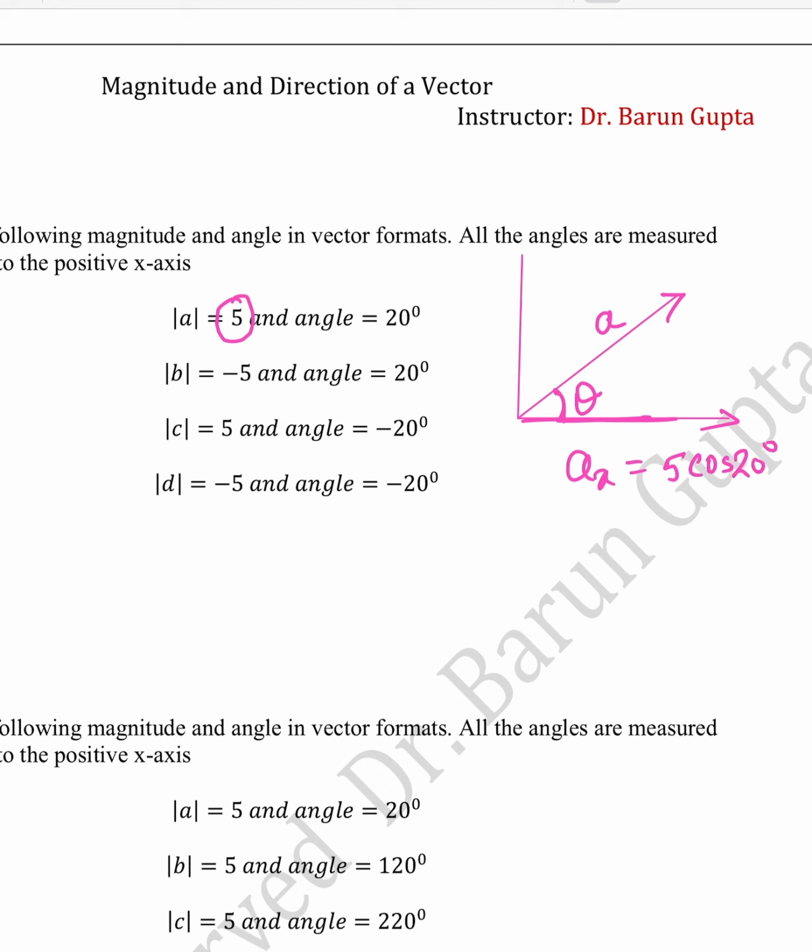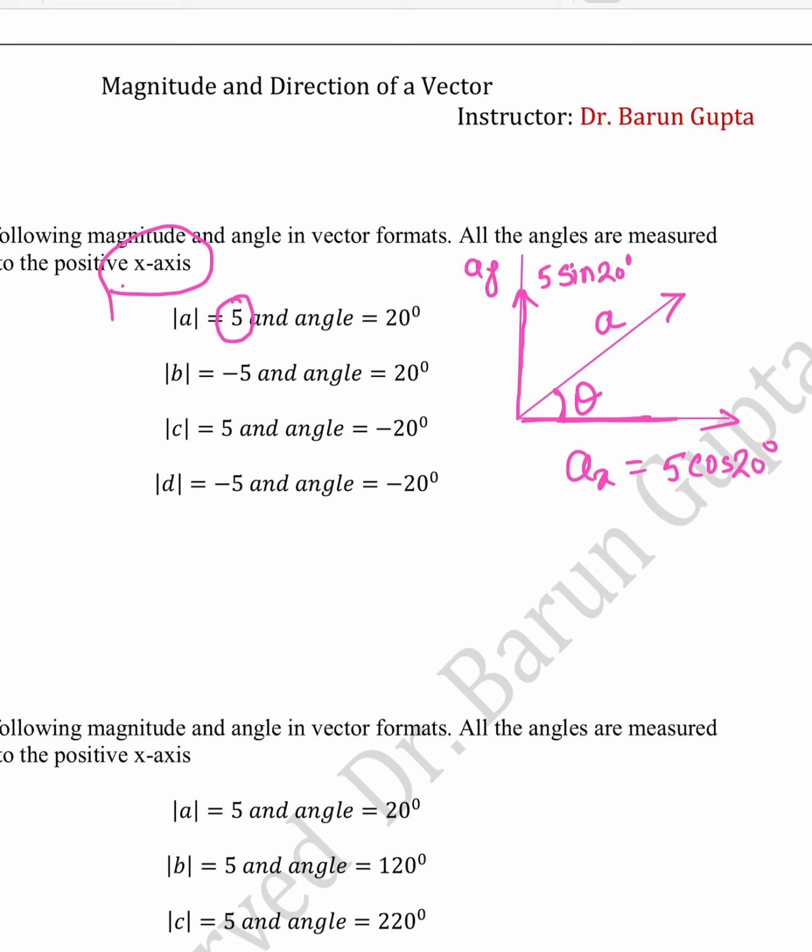You have to make sure that all the angles are measured from the positive x-axis. And my y component will be the magnitude, 5 sine 20 degrees. That's my y component.